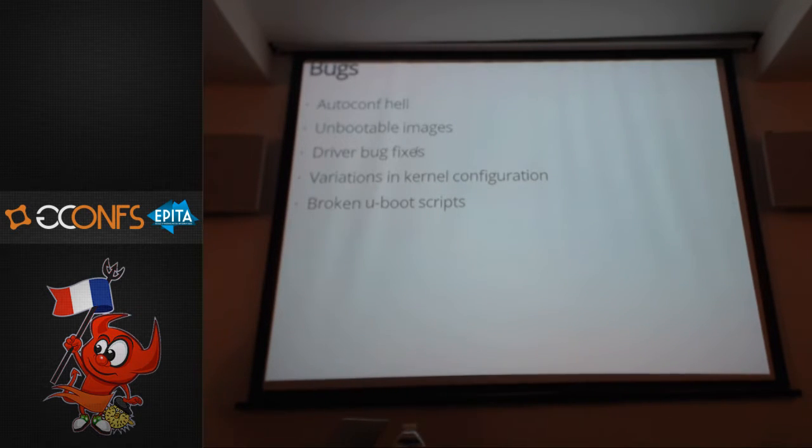And the last one, which is still unsolved, is broken U-boot scripts. U-boot is very much like a Linux project in terms of there being support for various platforms, but there's inconsistency: TI have contributed a bunch of changes for adding an extra configuration file for your firmware, which one family of boards has picked up on and another family of boards has not. That means we can't have a consistent configuration file.